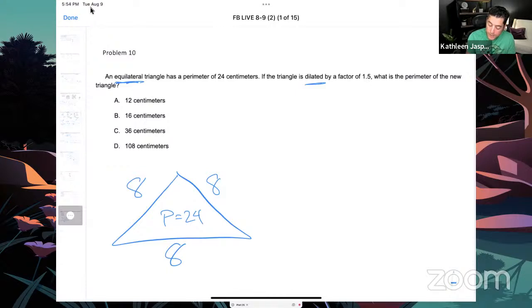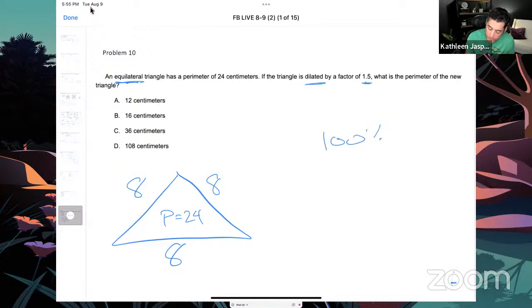So dilated. Dilated just means, think of your eye. What happens when your eye dilates? It opens up bigger or it contracts and goes smaller. With a factor of 1.5, we'll call 1 as 100%, which stays the same.